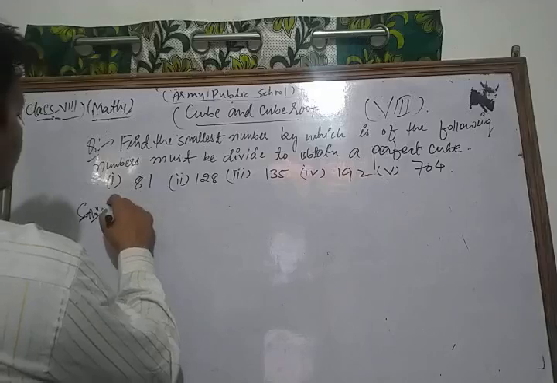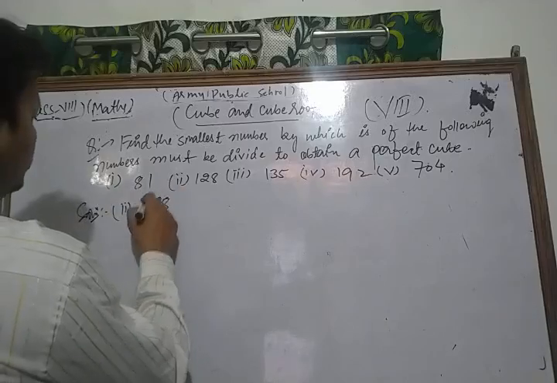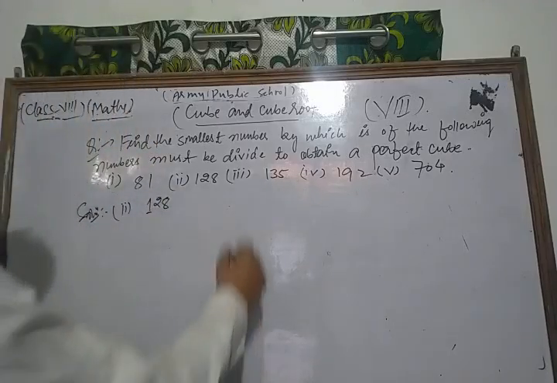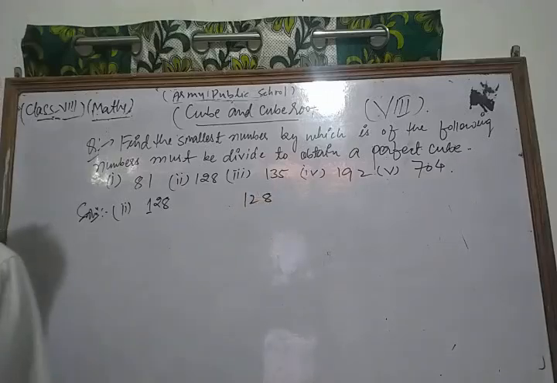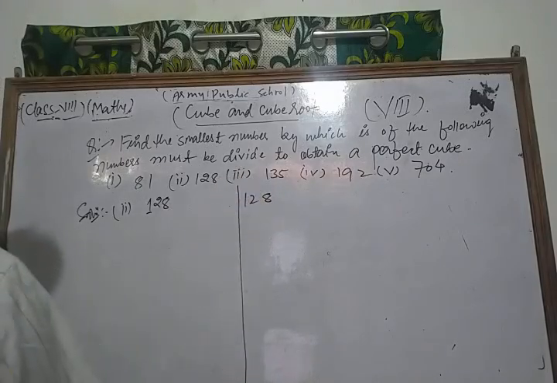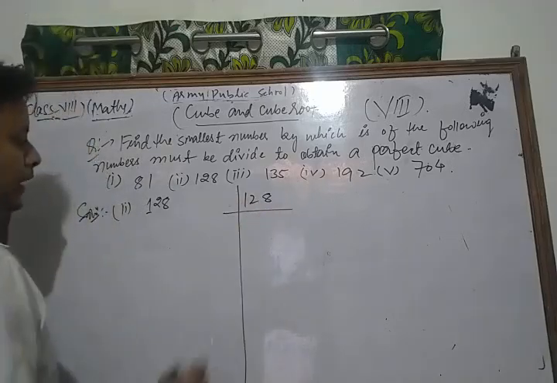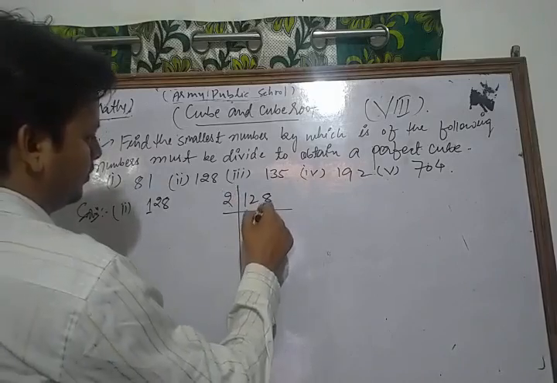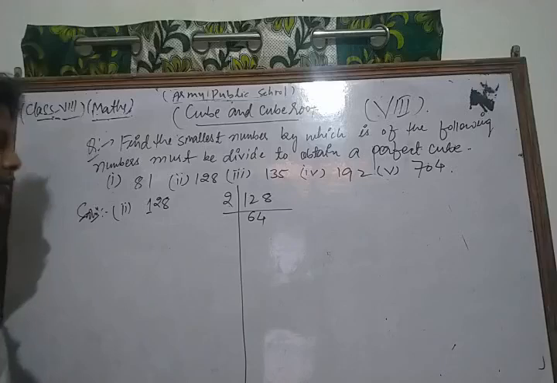Now we take the second part, which is 128. Now we do its prime factorization. Now by 2, 2 sixes are 12, 2 fours are 8.